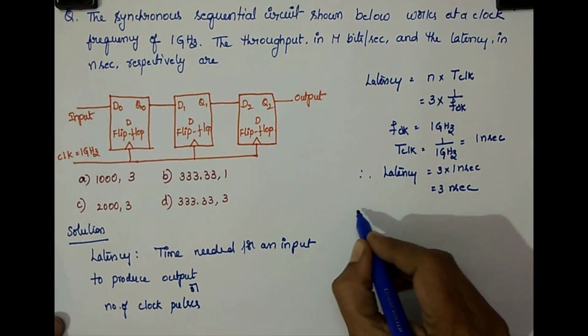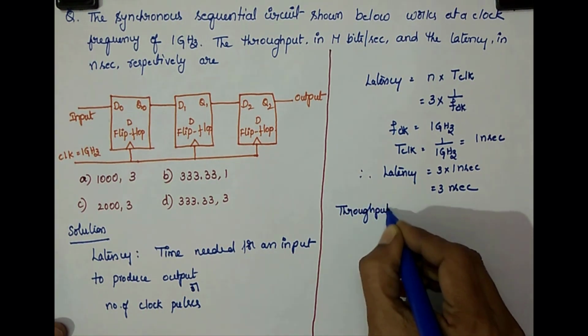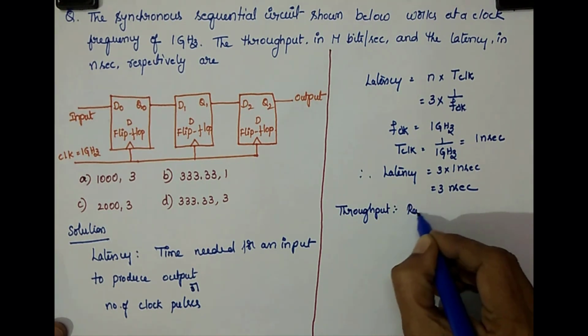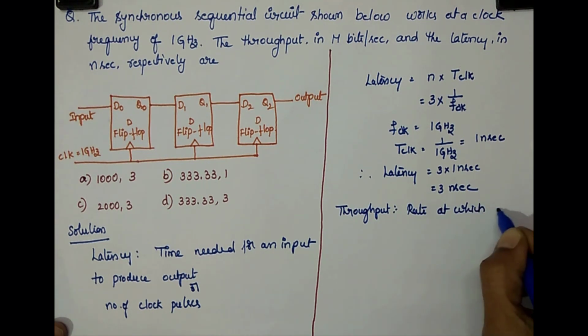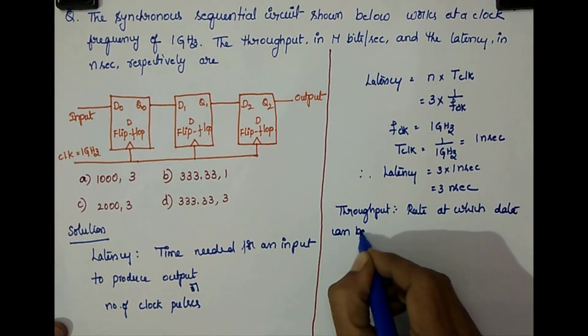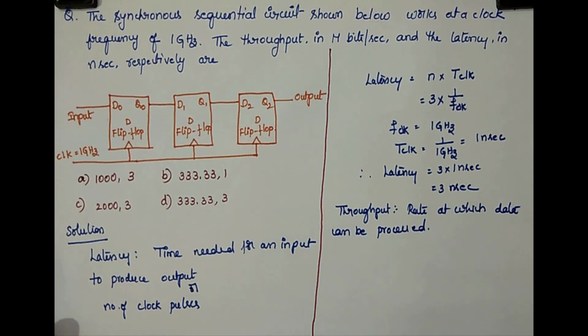Then what is throughput? It is nothing but the rate at which data can be processed, or simply we can say how much data is produced per unit time.